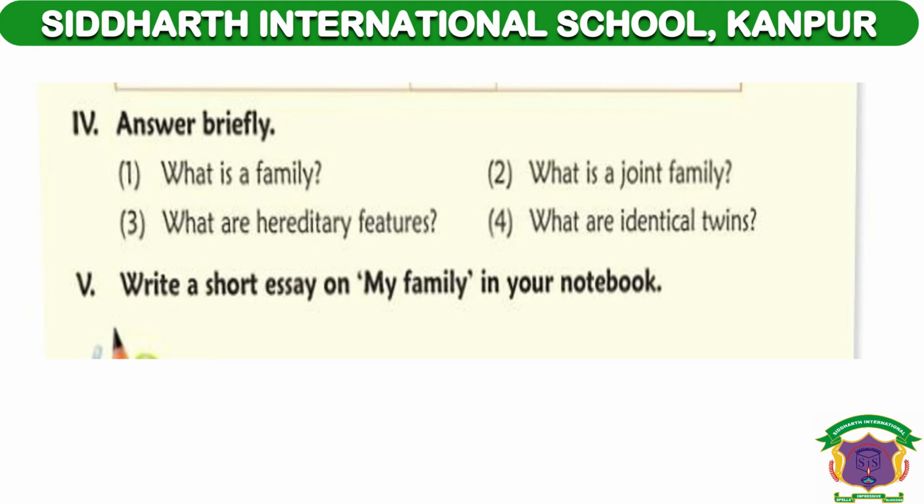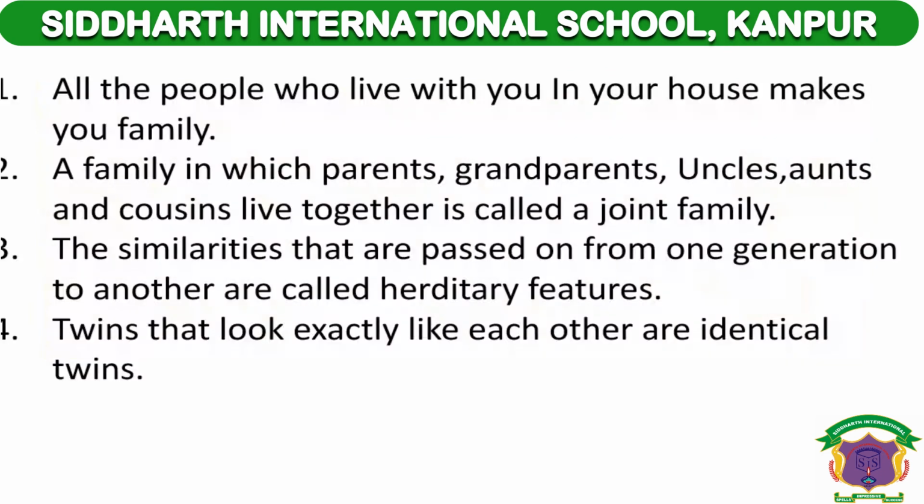So the features which have been passed on to us by our parents are known as hereditary features. Easy, children? Let's quickly see. It is the similarities. The similarities, very important word here, children. Similarities that are passed on from one generation to another are called hereditary features. Clear, children?